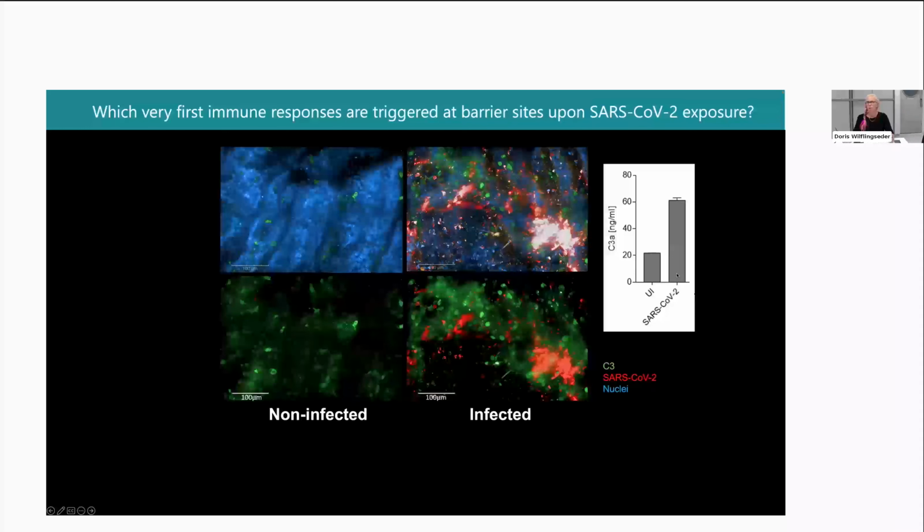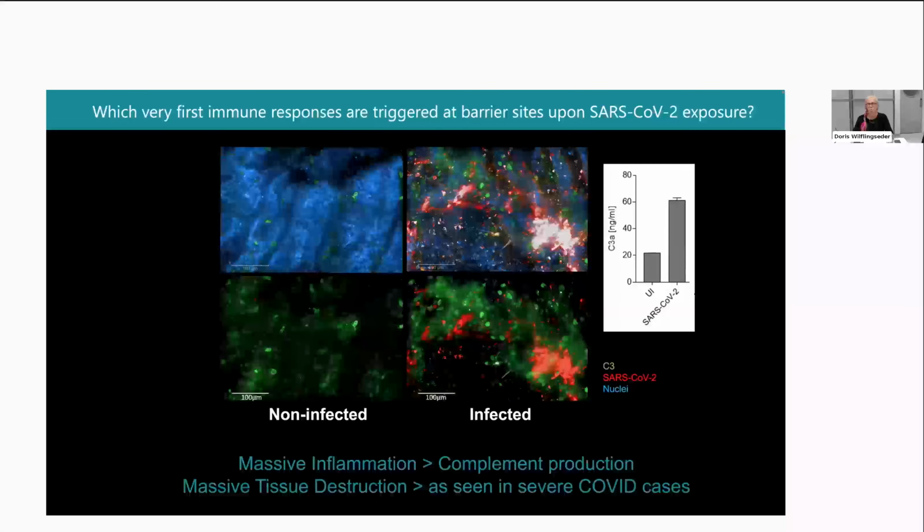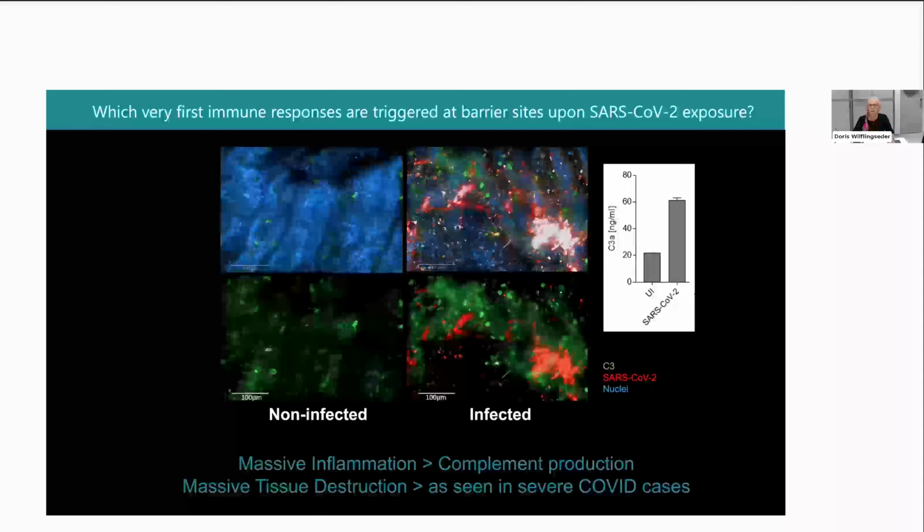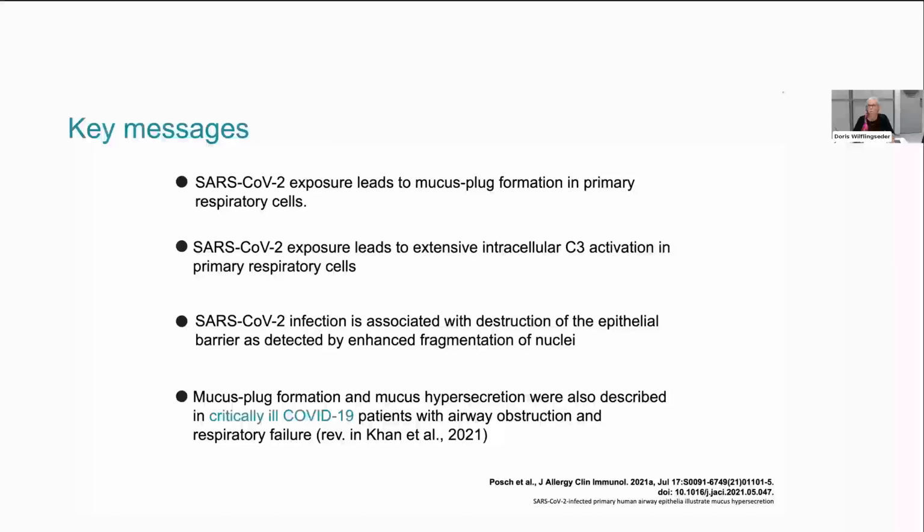And this also, of course, causes migration of immune cells to the sites of infection and causes harm to the tissues. This was also seen in severe COVID cases at the beginning of infection, and we also described and published this already in 21.